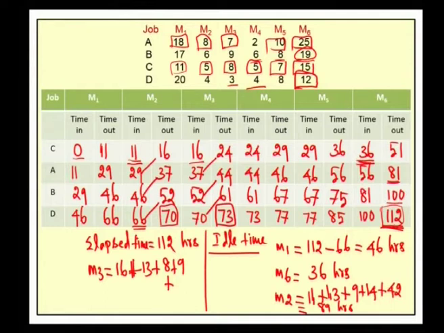Therefore, the idle time is 112 minus 73, which is 39. Therefore, the sum of these values is 85. The idle time of machine 3 is 85.